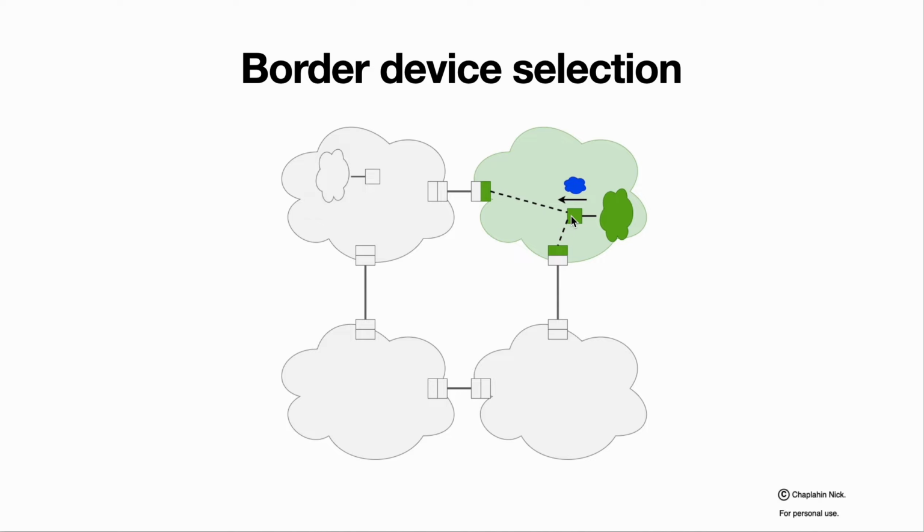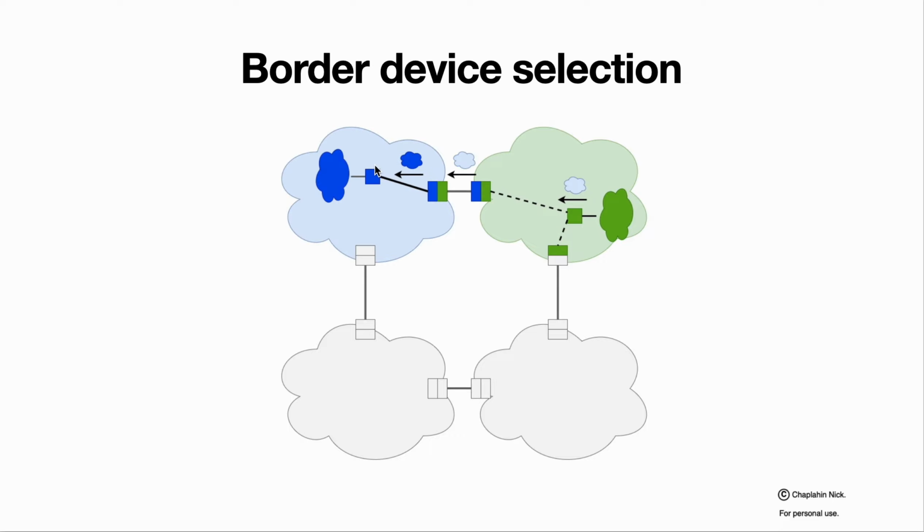From the network boundary router's point of view, it needs to send traffic to the specific network, and from its point of view, it sends traffic to a neighboring autonomous system border device. So this router needs to know which border device to use to send this traffic. It doesn't care and will not know anything beyond that.